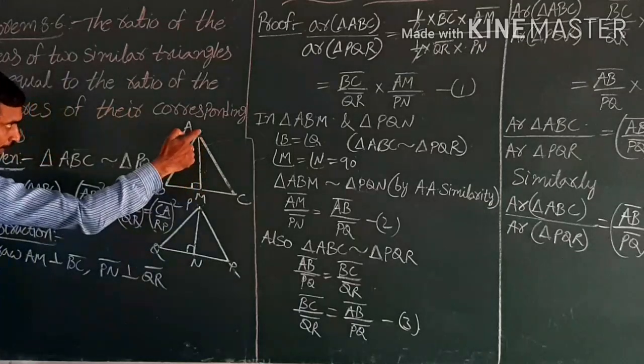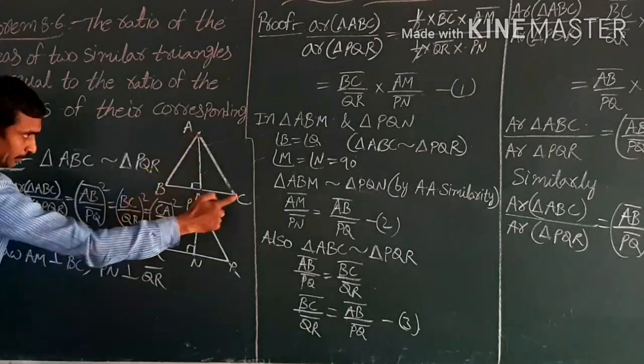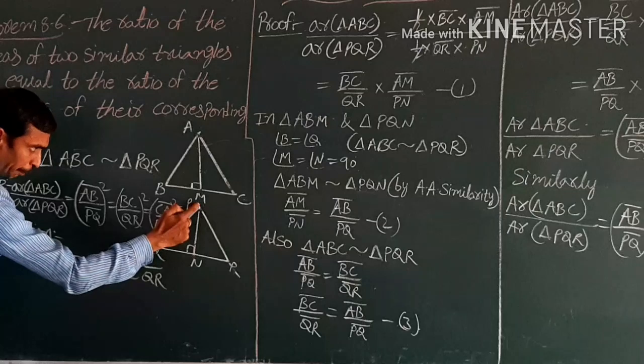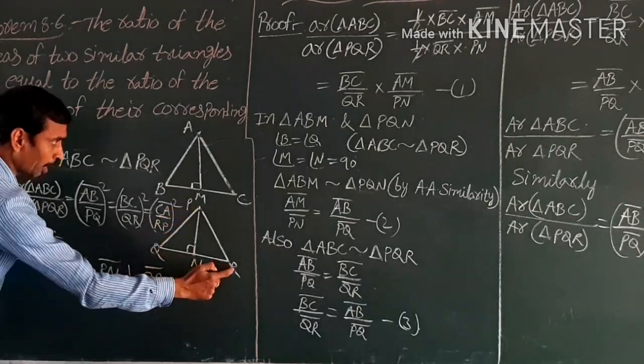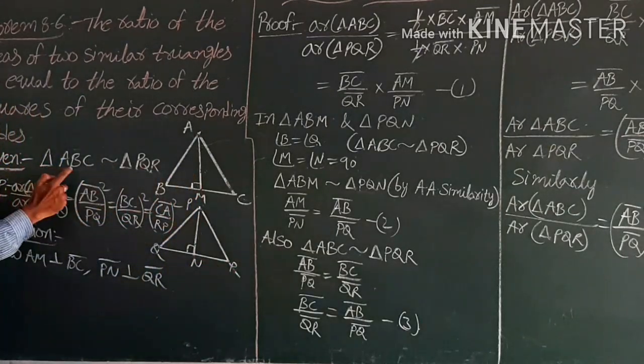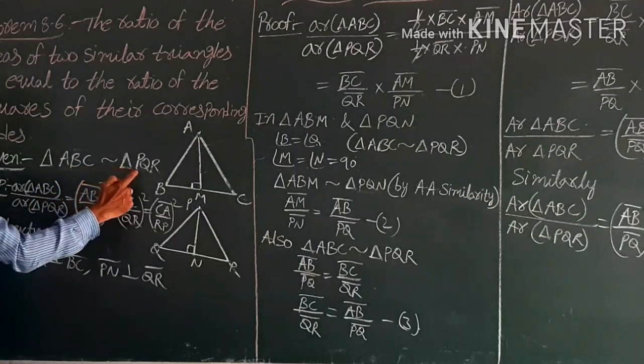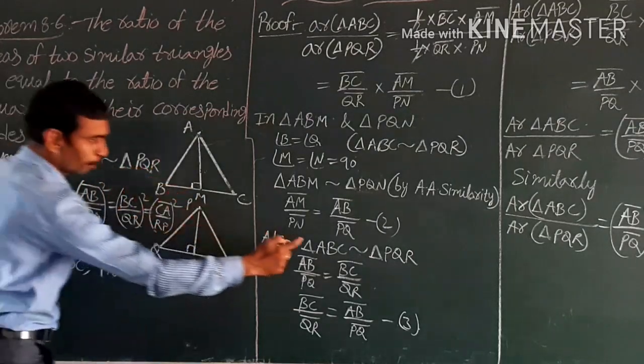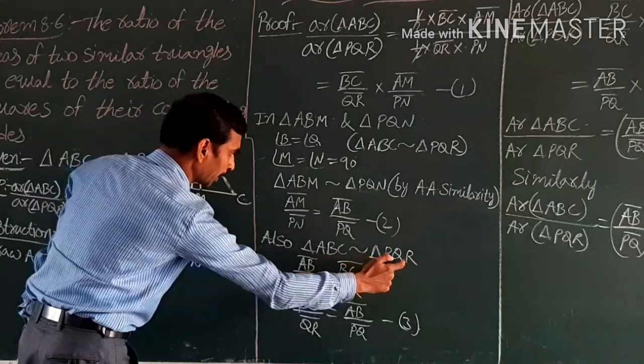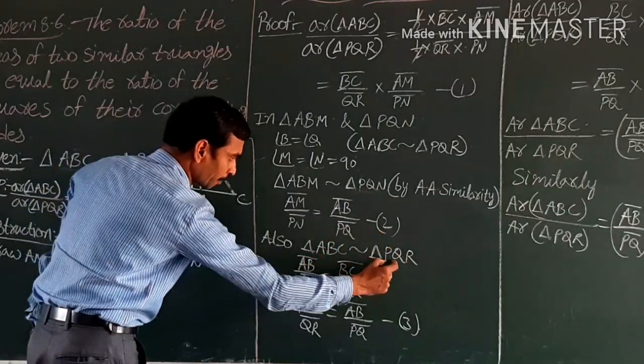Next, also triangle ABC is similar to triangle PQR. Now we take the total triangle ABC and the total triangle PQR, already given. Given triangle ABC is similar to triangle PQR. Both are similar, so the corresponding side ratios are equal.